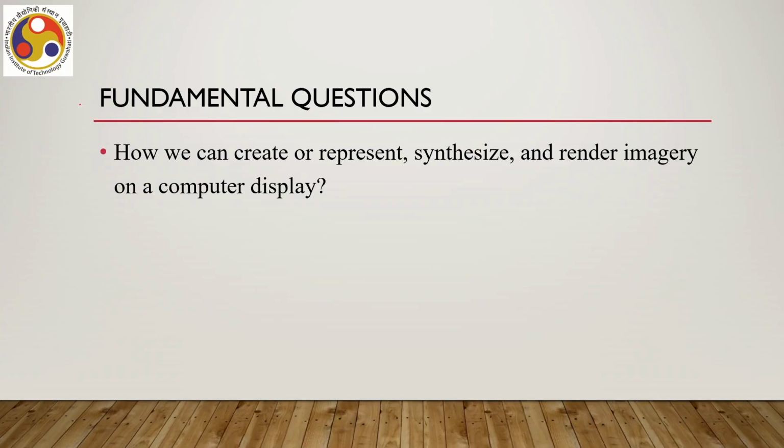So, the fundamental question is how we can create or represent, synthesize and render imagery on a computer display. There are two sides: one is that the computer understands only binary representation, whereas humans perceive realistic representation, not strings of zeros and ones. So, how can we create or represent objects, synthesize objects into a scene and render it on a computer screen so that humans can perceive it?